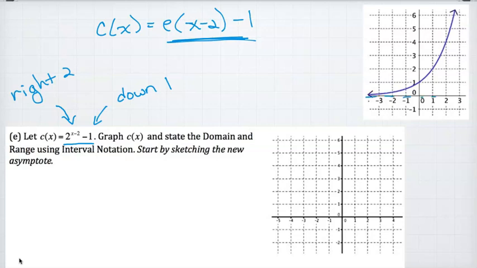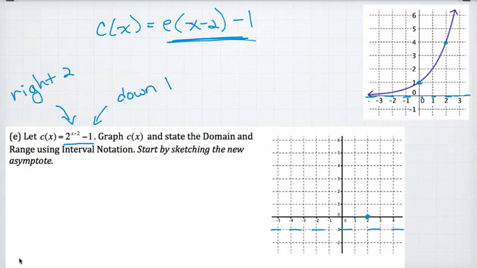Okay, so let's sketch our new asymptote. The old one was here at 0. The new one is going to be moved down 1. Okay, and then let's look at this point 0, 1. I'm going to move it down 1 and to the right 2, which means that it's going to end right there at 2, 0. I'm going to use this other helper point of 2, 4 again.